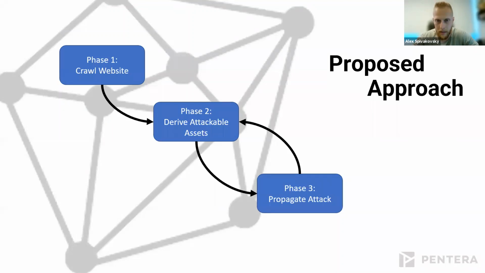The next phase is to derive attackable assets. When I talk about attackable assets, it means that when you get the web page, the parameters, the responses, all the metadata and the headers from the server, you want to extract the bits and pieces and focus on specific pieces of information that can help propagate the attack. And this is basically phase 3.